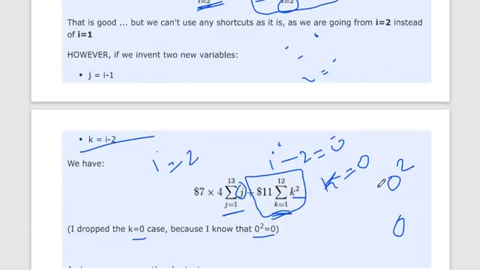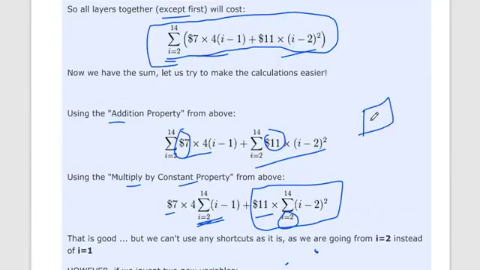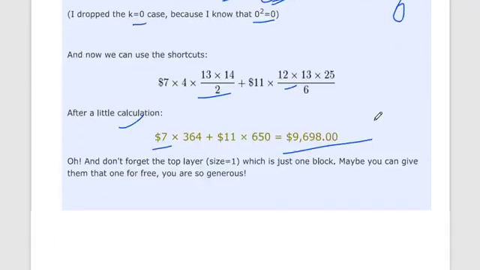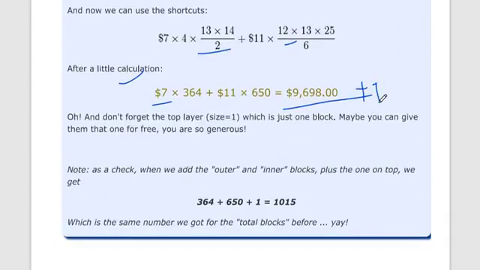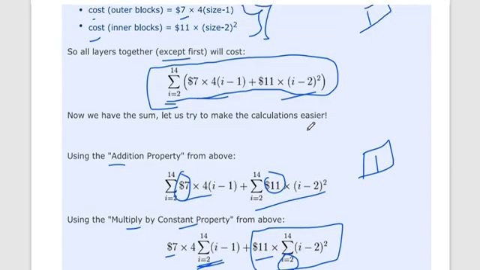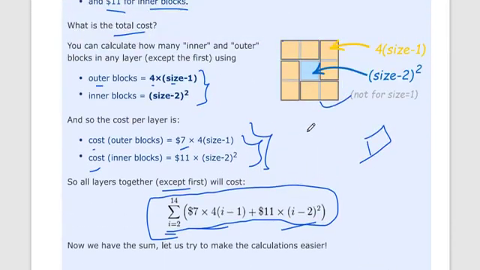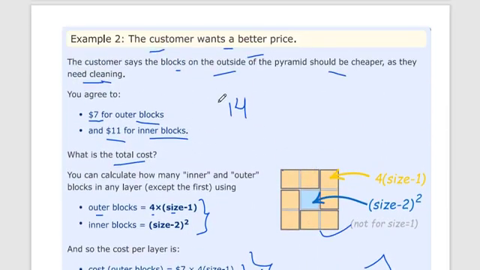The first layer is only one block on the outer side, so we can add plus $7. Okay, so this is our answer. This example is much more difficult, but after some time it will become easy. With these types of equations we can use the partial sum and sigma properties.